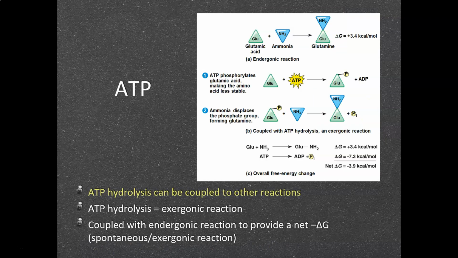So when I look at the actual free energy components to this, right, here's just an example. I'm bonding glutamic acid to ammonia. It's an endergonic reaction overall. It's got a positive free energy change, meaning I have to dump more energy into the chemical reaction in order to get it to work than I get out when the product gets formed.